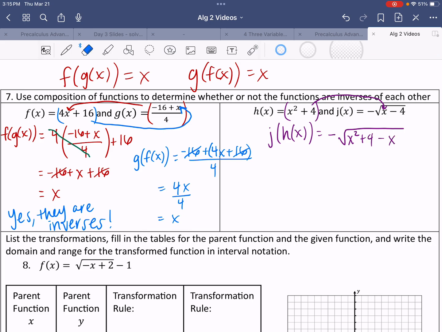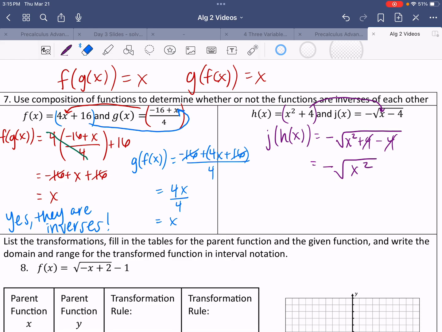Oh, sorry, I don't know why my 4's and x's are getting confused here. So I have the negative square root of x squared. The square root and the squared cancel, and I'm left with negative x. So therefore the answer would be no, they are not inverses.